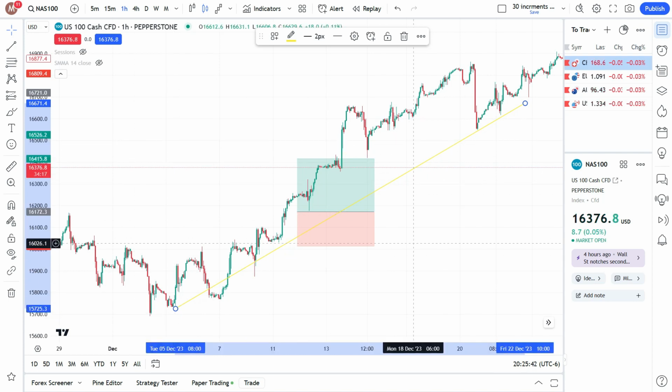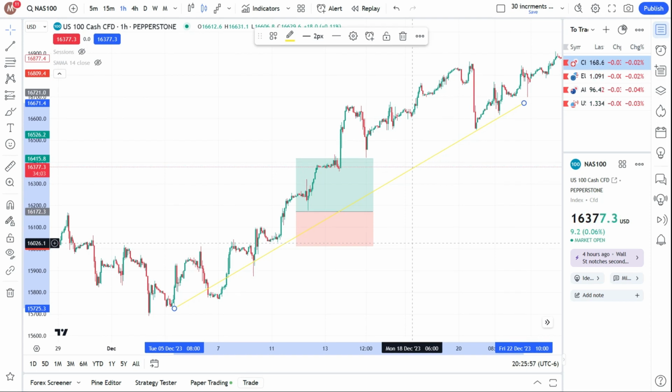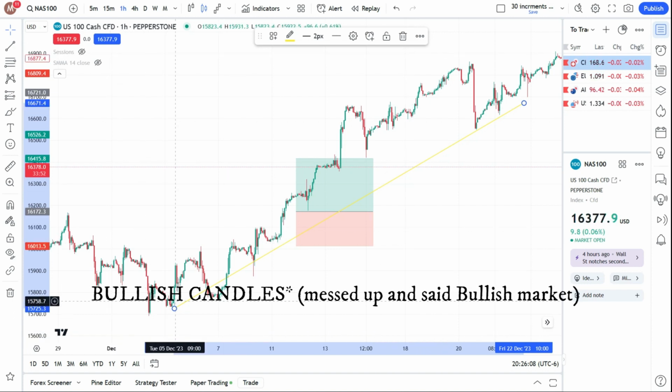I'm trying to get you familiar with the terms that we're talking in. In a bearish market, you will also see sometimes a little bit of a bullish market, but the overall trend of this is bullish.